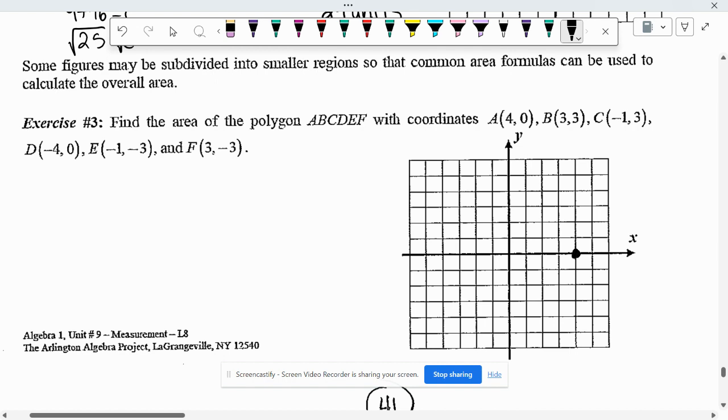So point A is the ordered pair (4, 0). Point B is the ordered pair (3, 3). Point C is the ordered pair (-1, 3). Point D is the ordered pair (-4, 0).